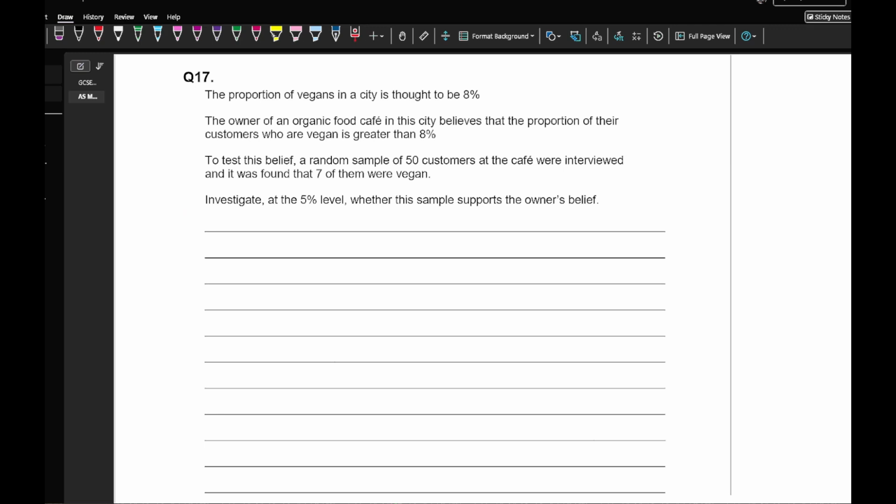So let's have a look at the key bits of information of this hypothesis test. The first thing I notice is that we're looking for a proportion that's greater than 8%. We know that the sample size is 50 and the test statistic is 7 out of 50, and we're testing at a 5% significance level.